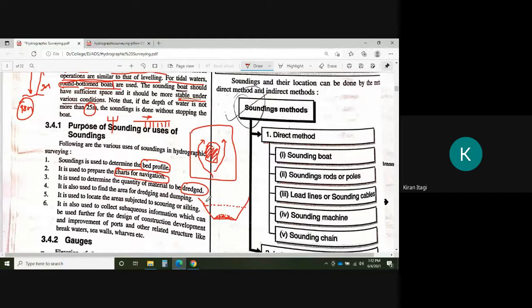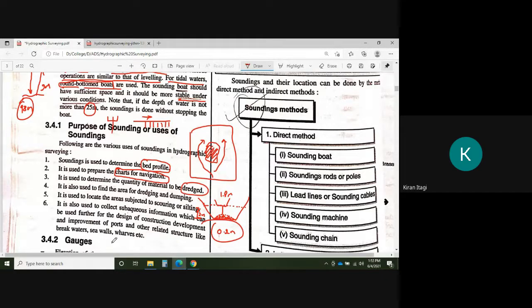I am just giving a simple example. I know the actual depth is 2 meter, but when I took the sounding, I got 1.8 meter. Then the amount of mud to be removed, or excavation to be done, is 0.2 meter.